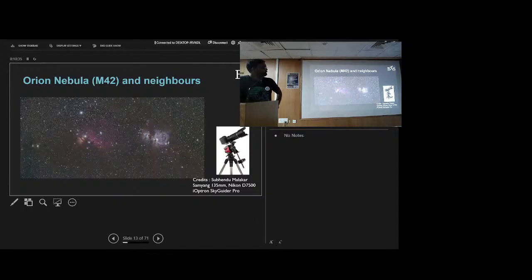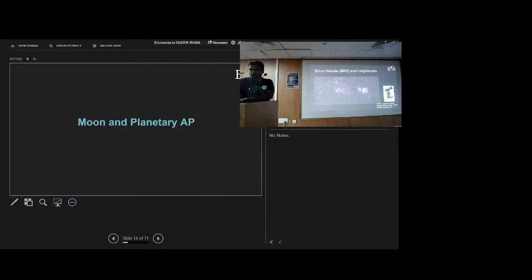Can you identify? Do you know what these are? Yes, that is the Orion Nebula, and this is the Horsehead Nebula. I'll also show you some zoomed in or different images that we have taken of these two nebulae separately, as we see later.